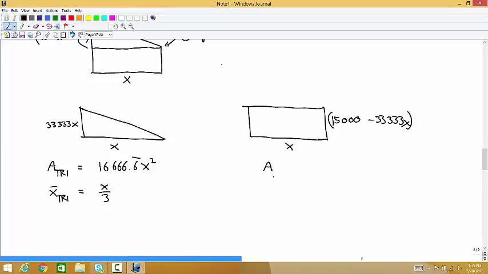The area of the rectangle is this times this, so 15,000x minus 33,333x squared. And the centroid is x over 2.